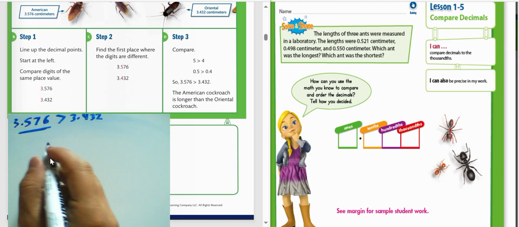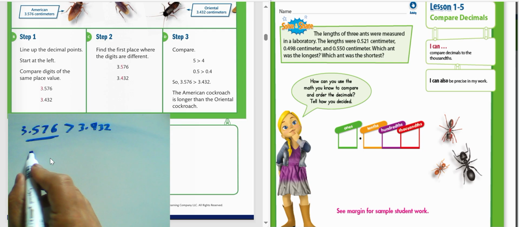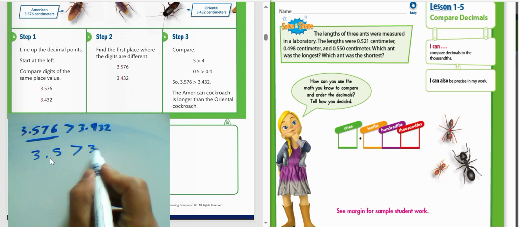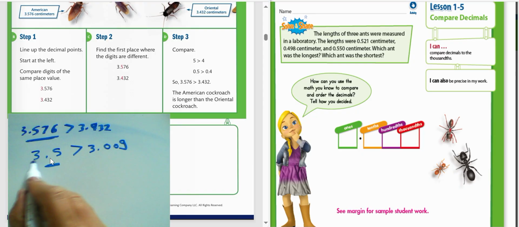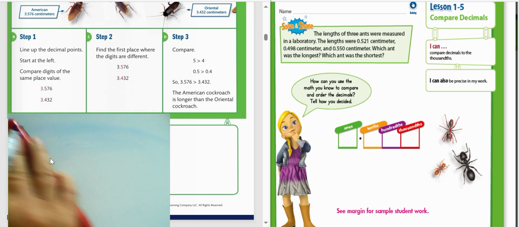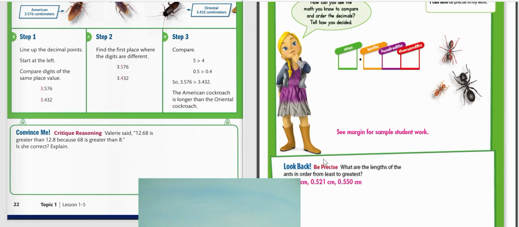Okay, and also we can compare by looking at the whole numbers first. We have 3 and a half, or 3 and 9 thousandths. This number is greater than, 3 equals 3, but 0.5 is greater than 0, then this number is greater. Next question.